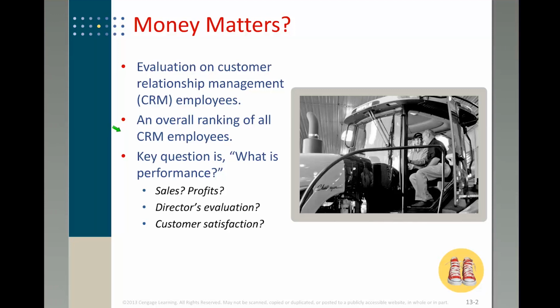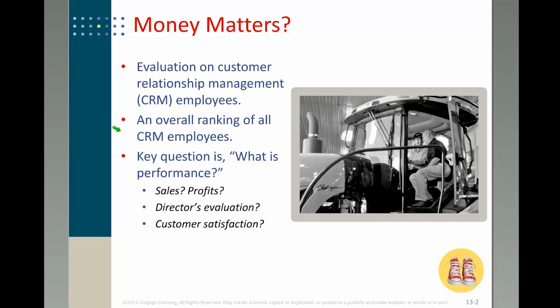We also set specific goals for certain employees, but we don't have this very specific outline saying that the lowest 20% will be fired.